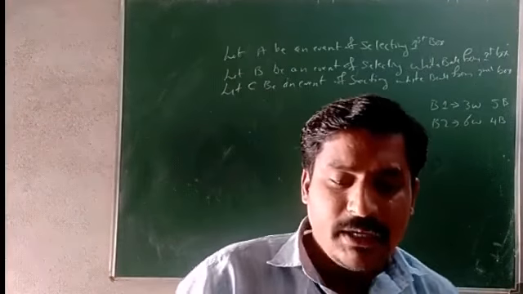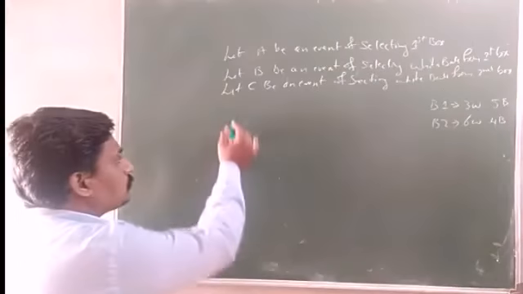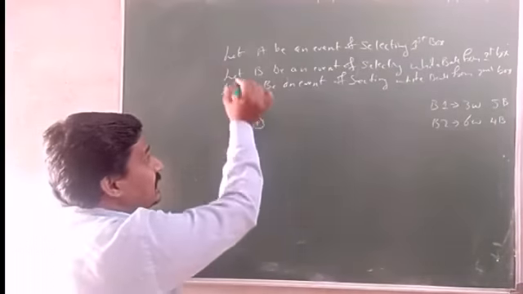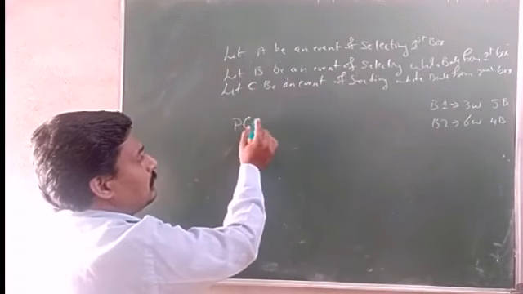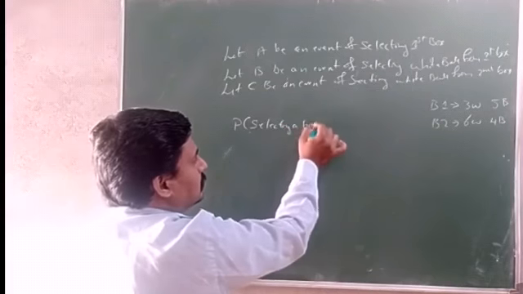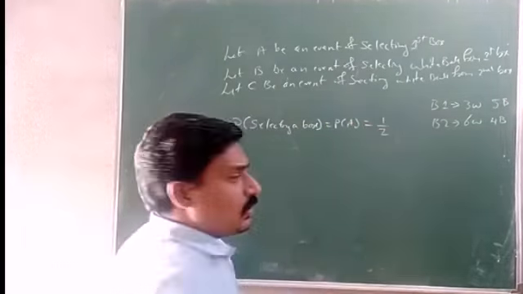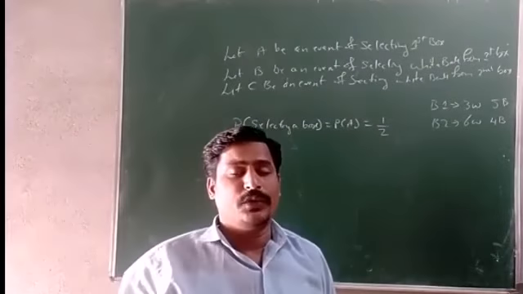Okay, so now the number of boxes is 2. So the probability of selecting a box, that is P of A, is equal to 1 by 2, because there are 2 boxes and out of 2 we have to select one box.